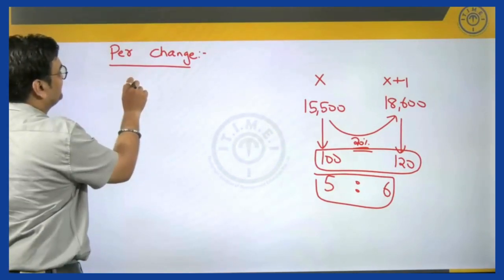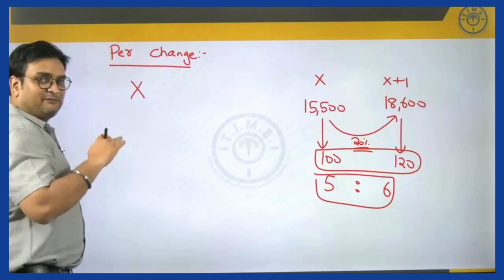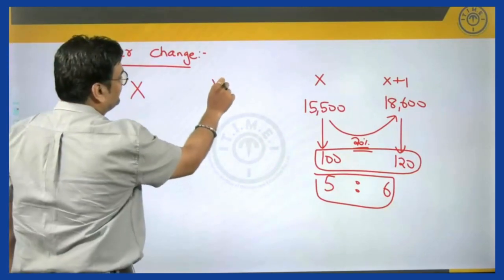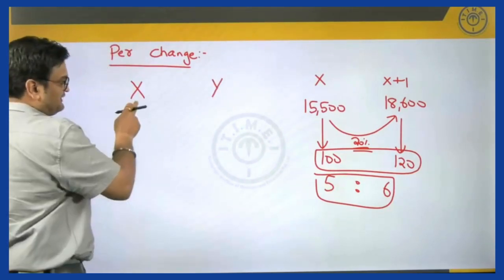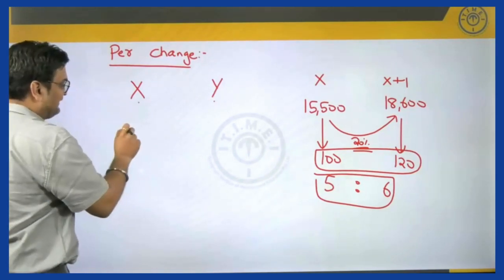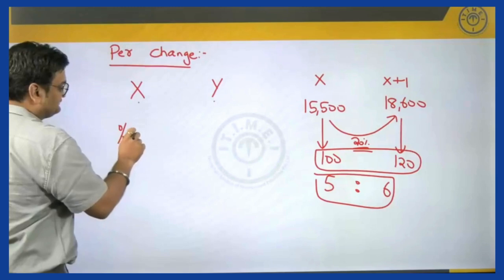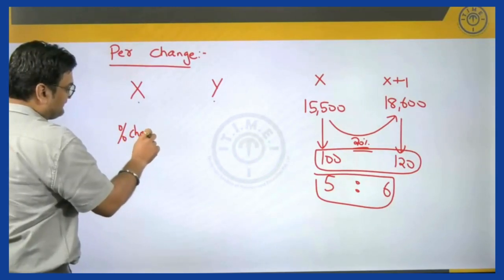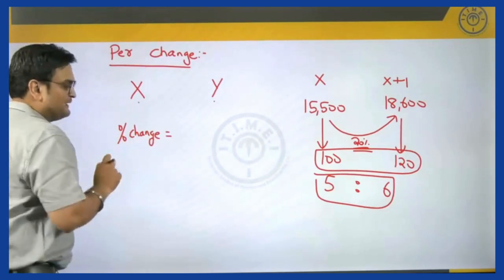If you have a variable whose value was X sometime in the past, and its value is Y currently, so this is the old or previous value, and this is the current value, then in this case the percentage change will be given as follows.